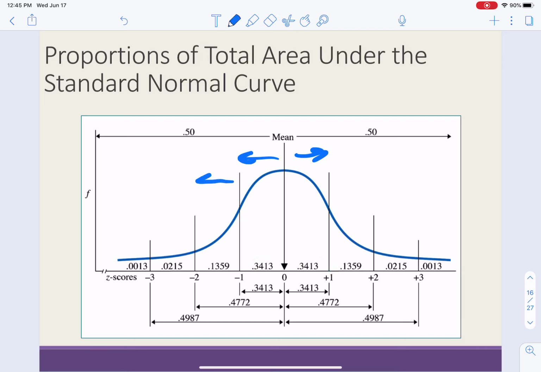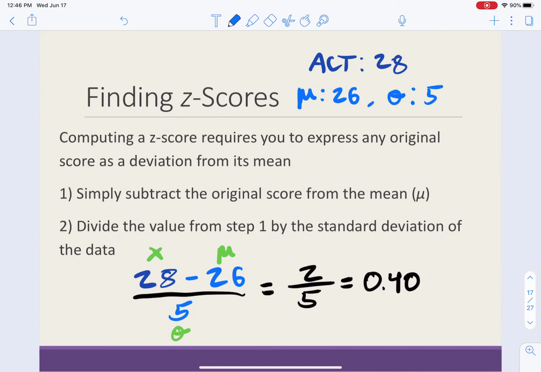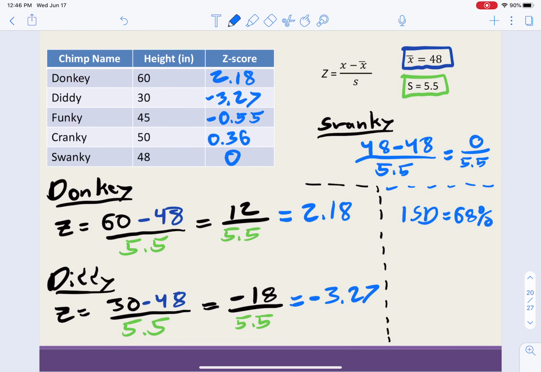Within 2 standard deviations is the sum of all these values here, which is 95. And as we go further out, we incorporate more and more of the data. Now, don't worry yourselves with those proportions just yet. In fact, I'll just erase it because it's not important now.